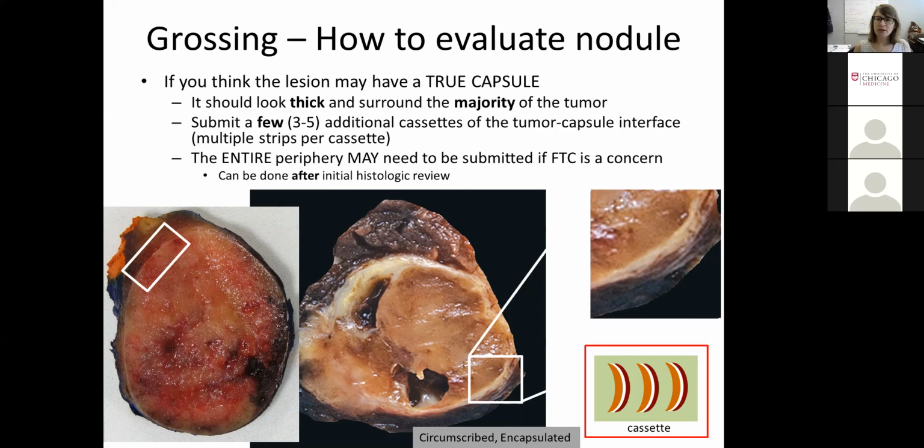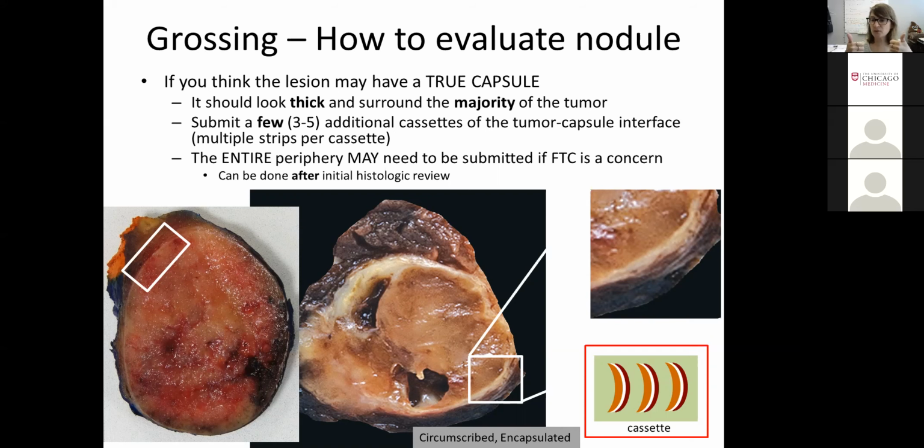I would argue, because we've had issues in the past where the entire periphery of a 6 centimeter nodule is submitted and we get like 50 cassettes, I would not do that up front. I would do a few extra, 5 to 10 extra cassettes if you see a capsule, and we can always go back for more if we need it later.